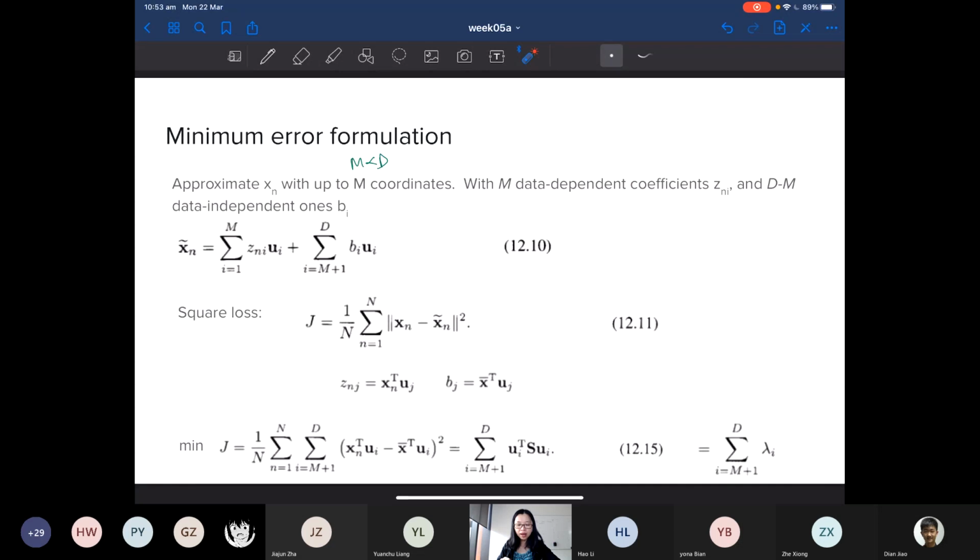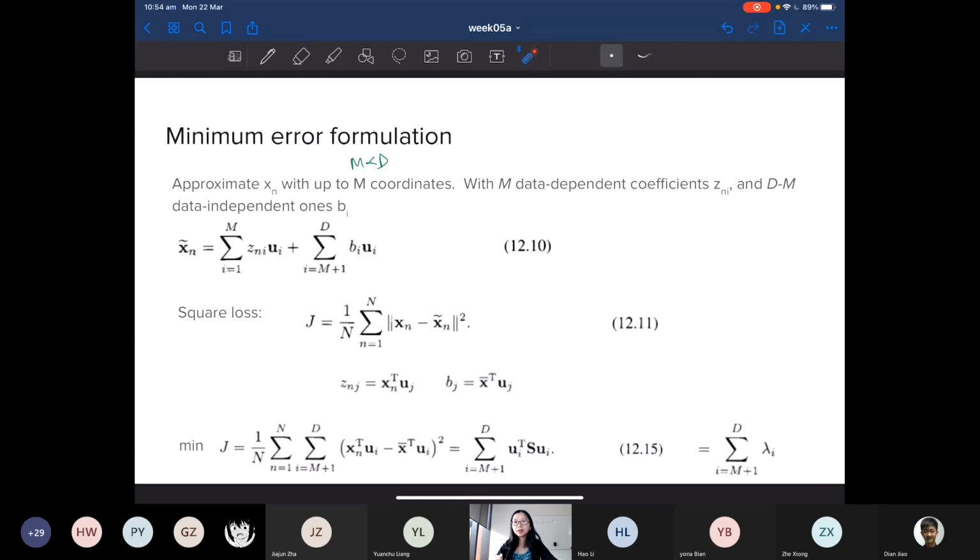And also from the last slide, we know that z_nj is just the inner product between x_n and u_j. And then b_j is the average of x times the corresponding orthonormal basis u_j. This is obtained by just minimizing J with respect to b_j.